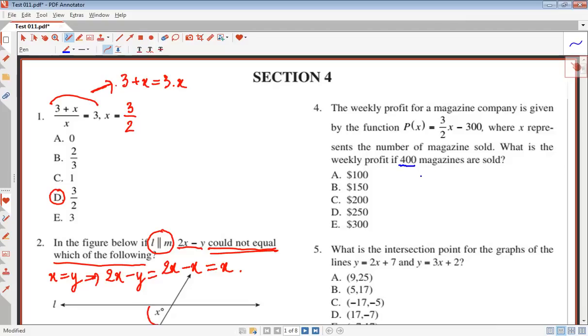We just take S equal to 400, and we have 3 seconds times 400 subtract 300. We have 600 subtract 300. What is 300? Option E.